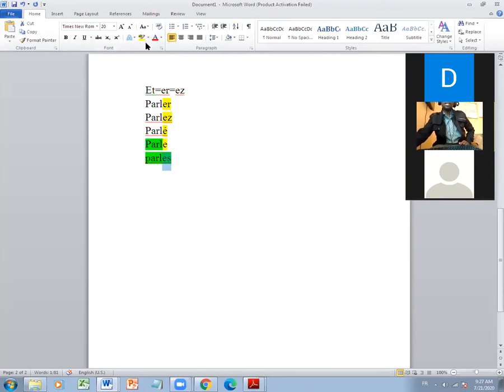The two are the same. So parl. E, not acute, not letter R, not letter Z, not letter T. So we say parl. But the first three, we say parler because of the R, so the E is not silent. We say parler because of Z. We say parler because it has an acute accent.